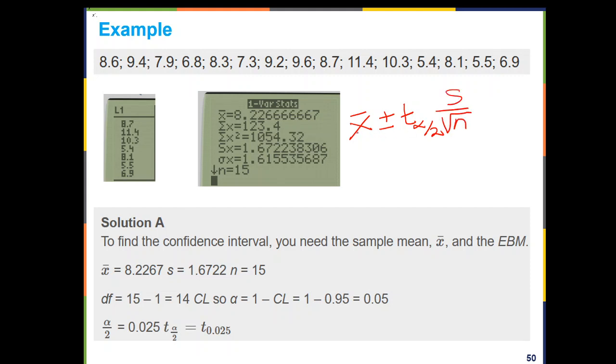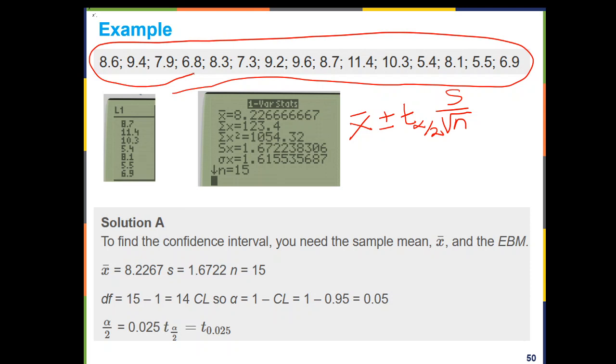Now x bar, of course, we have to put all of these in L1, and then go to one variable stat, calculate, one variable stat, and then enter, L1 enter. So you get the mean, and you get S right here. So that's how we get these two, right?